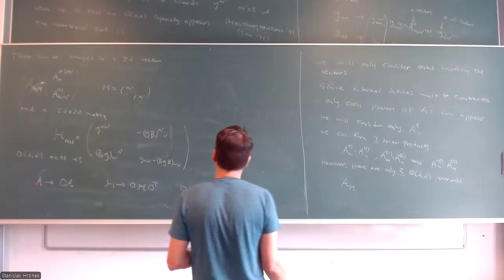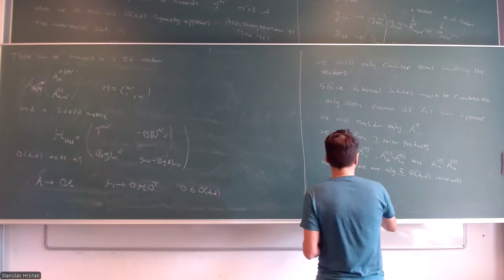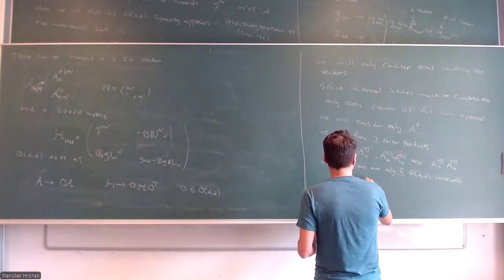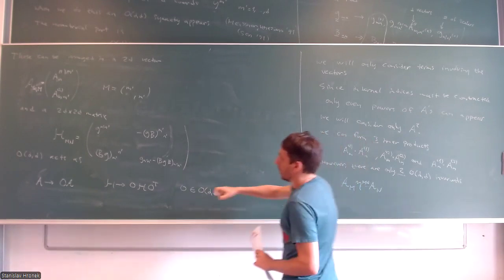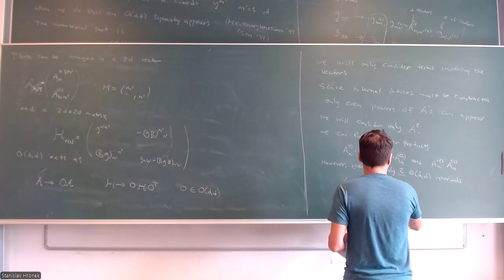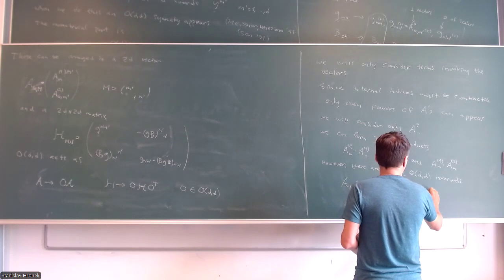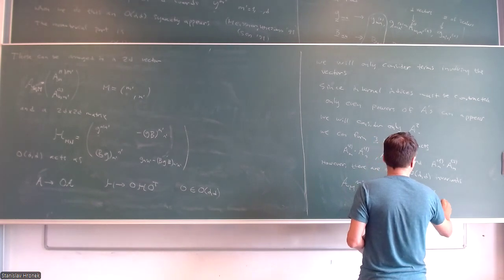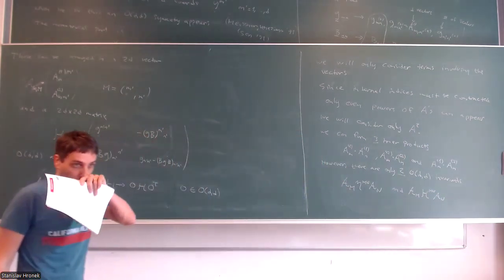And it turns out that there are two metrics that you can use to contract it. There's an invariant metric, which we call eta_MN, and there's this metric, which I can also use. But these are the only two objects that I can write that are O(d,d) invariant.